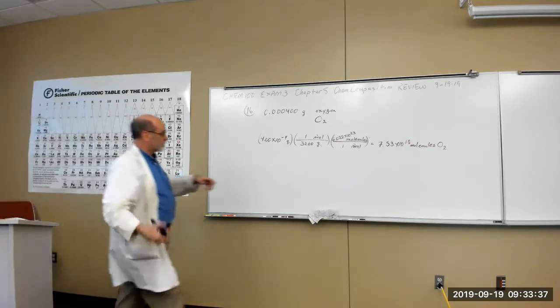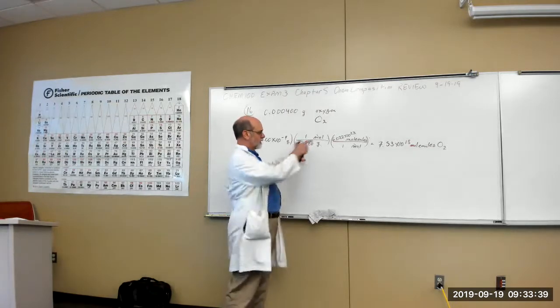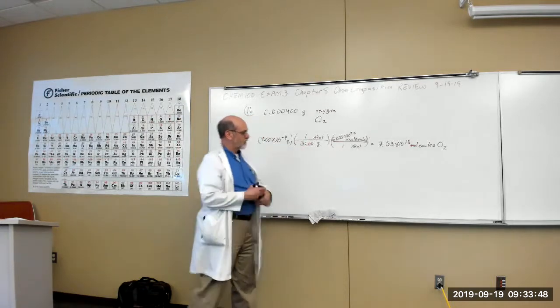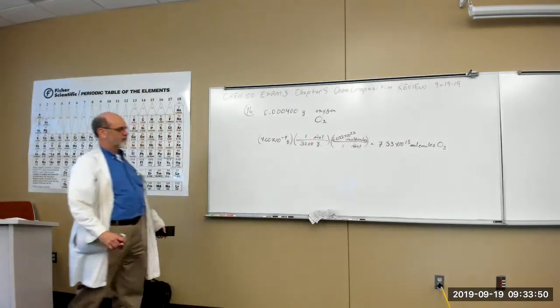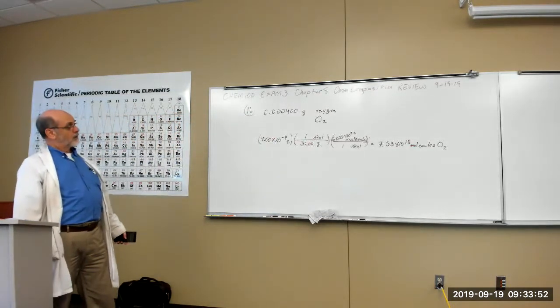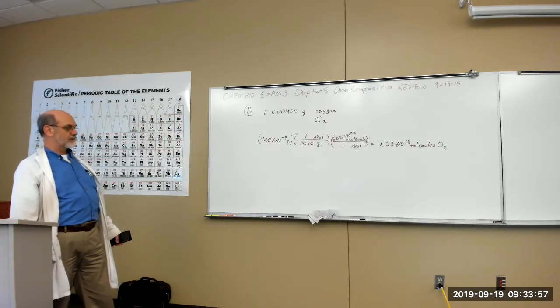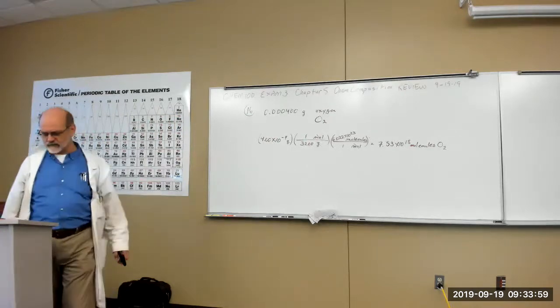Now, if we had used 16 here, what would that number be? Twice as big, wouldn't it? If you divide by a number that's half the size, that would be twice as big. So it would be 1.5 times 10 to the 19.